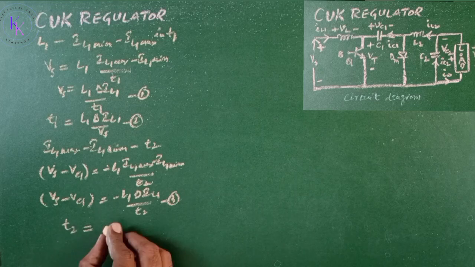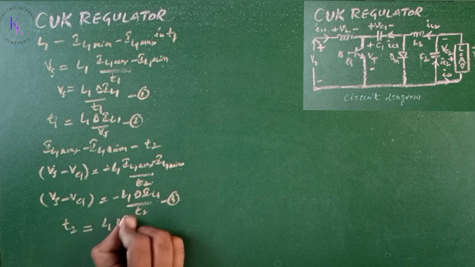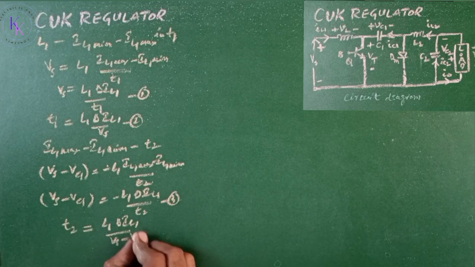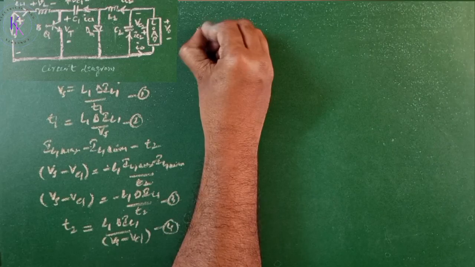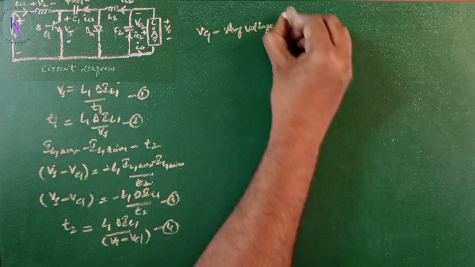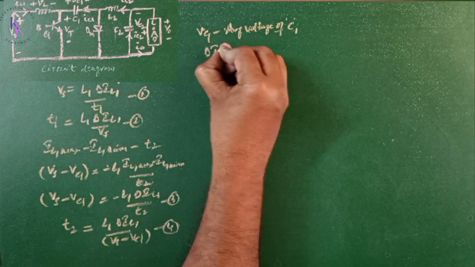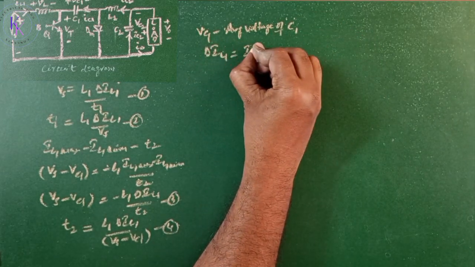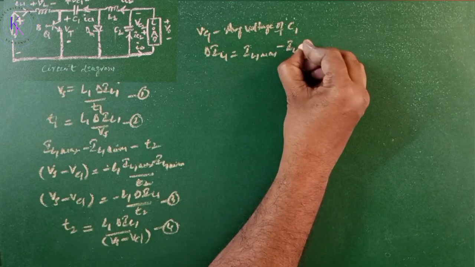From this, t2 equals L1 delta I L1 divided by Vs minus Vc1, equation number 4. Vc1 is the average voltage of capacitor C1, and delta IL1 equals IL1 max minus IL1 minimum.